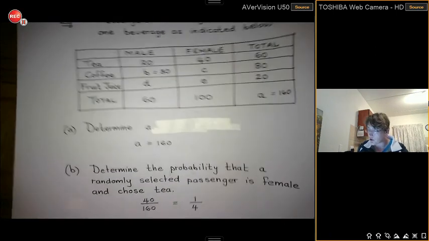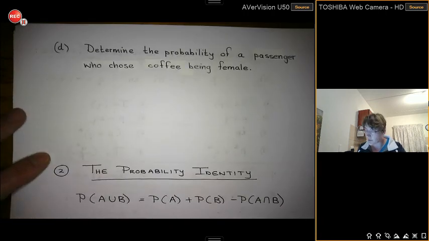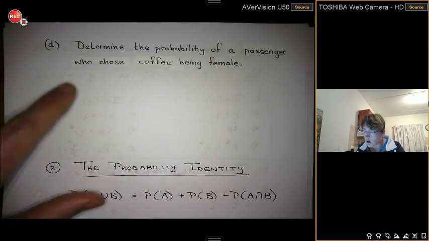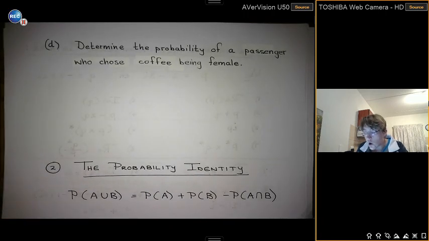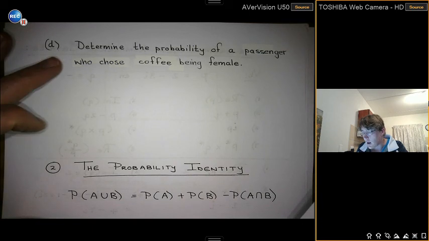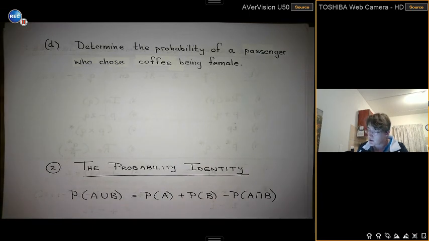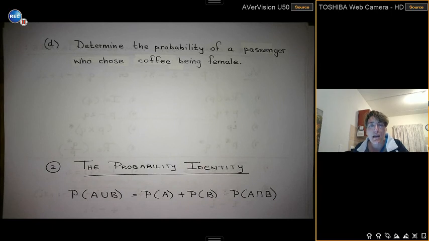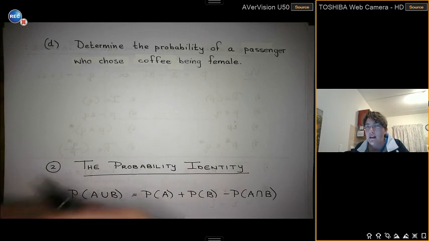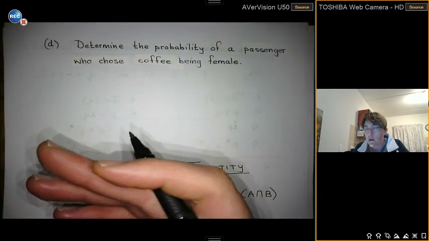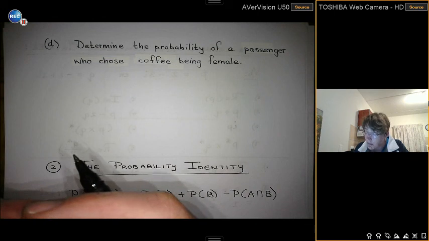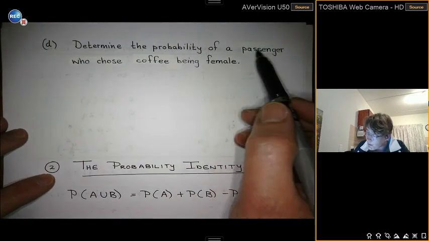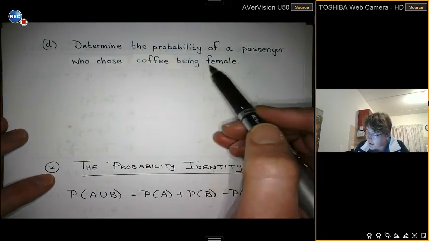The next question then says, determine the probability of a passenger who chose coffee being female. Now, this is one we did discuss last year, where we said that we have a given probability. Okay, so we call this a conditional probability, meaning determine the probability of a passenger who chose coffee being female.